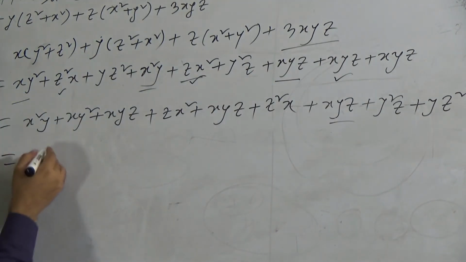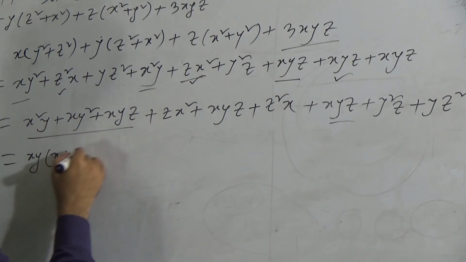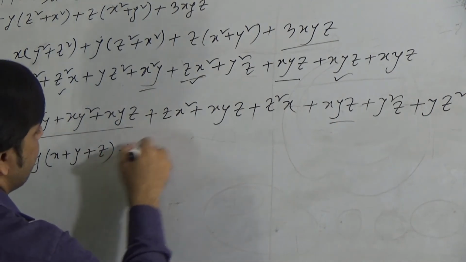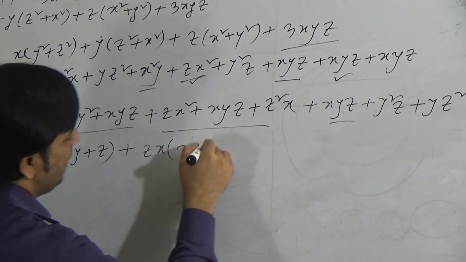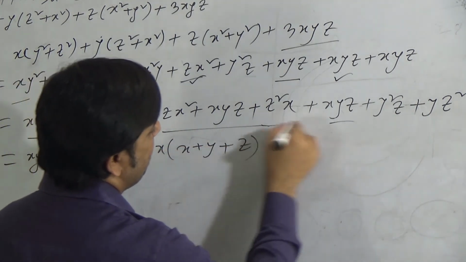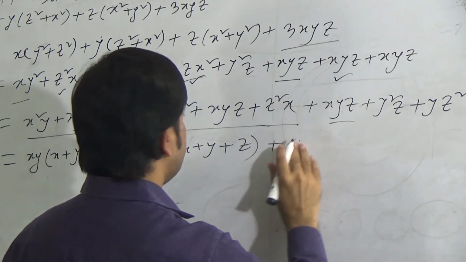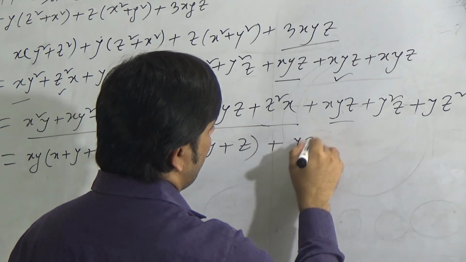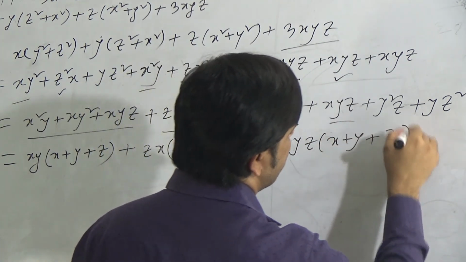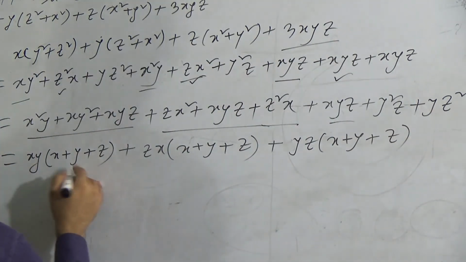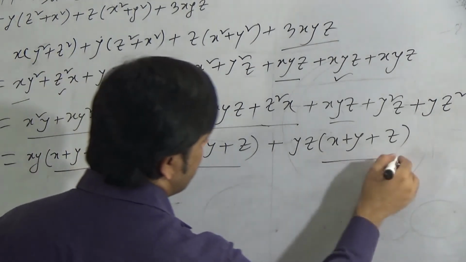Now I can take common from the first 3. If we take xy as common, x plus y plus z will remain, plus take zx as common, x plus y plus z, plus take yz as common, you will get here x plus y plus z. So now if you observe here, x plus y plus z, x plus y plus z, x plus y plus z.